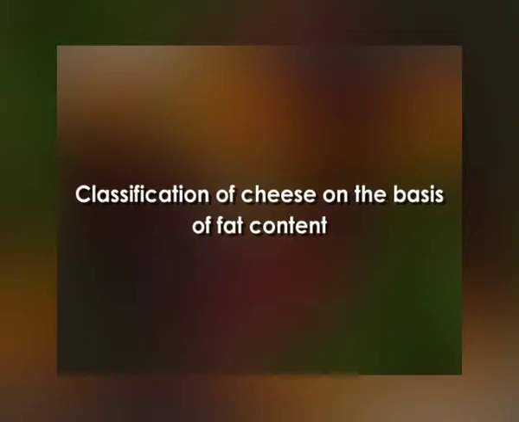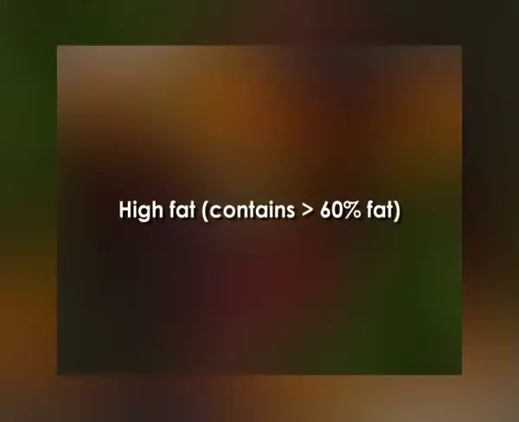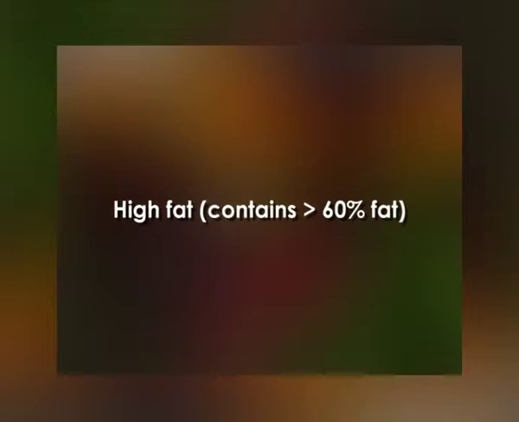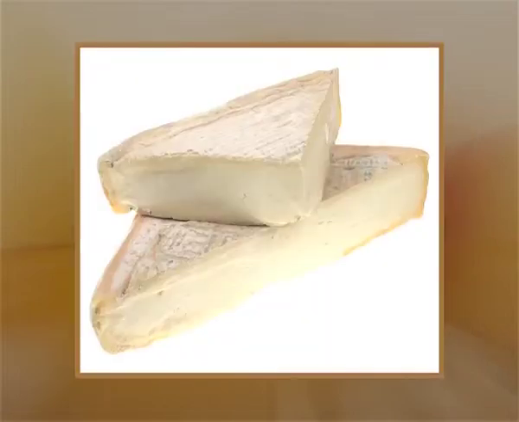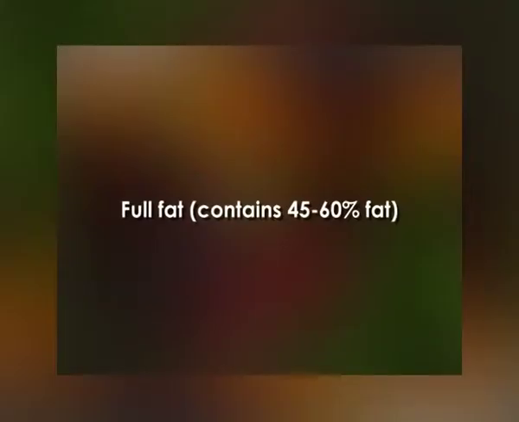Now, classification on the basis of fat content. On the basis of fat content, cheeses are classified as high fat contains more than 60% fat. Examples are Robiola, Telaggio, etc. Full fat contains 45 to 60% fat.